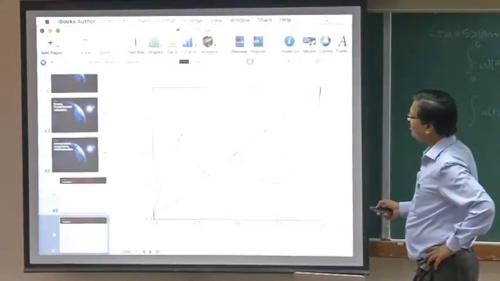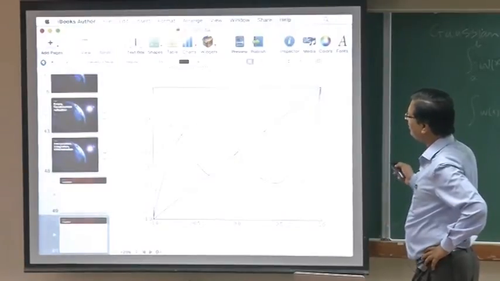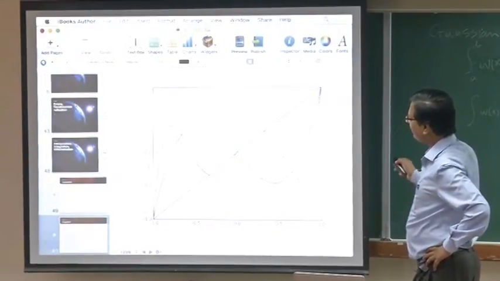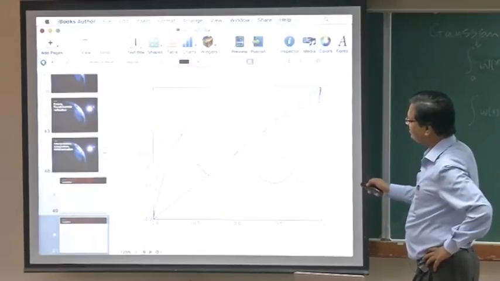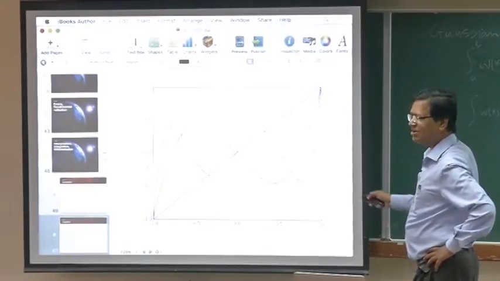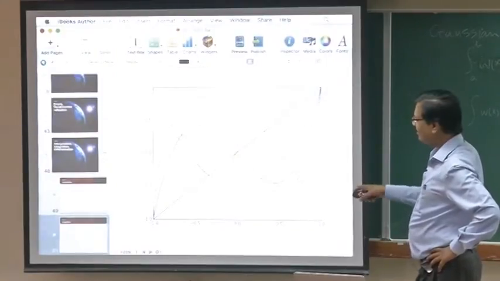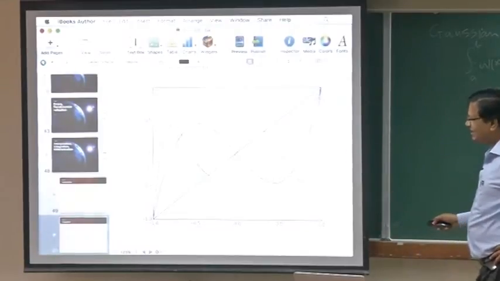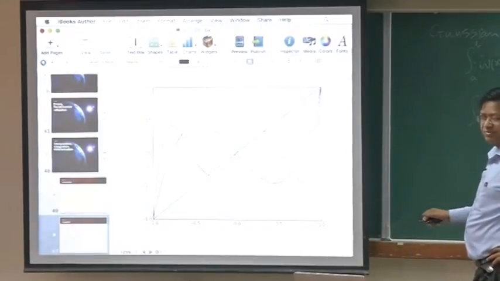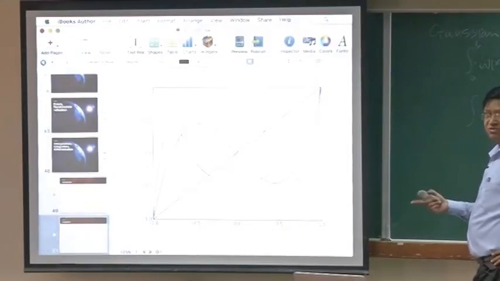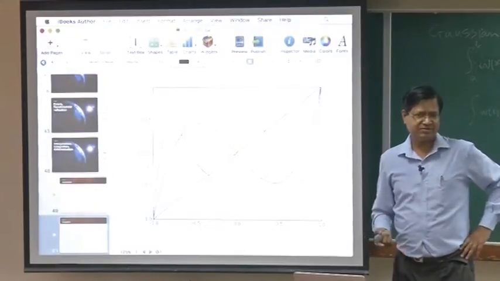I didn't plot phi 1; phi 0 will be constant. This is phi 1, phi 2 is this, x squared minus 1, and phi 3 is this one. There are quite a few of them, and it is defined from minus 1 to 1, so cos theta from 0 to cos theta equal to pi.